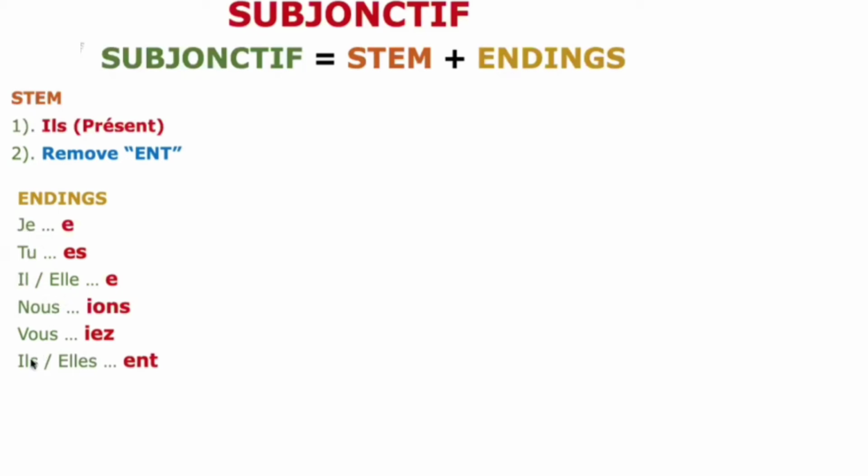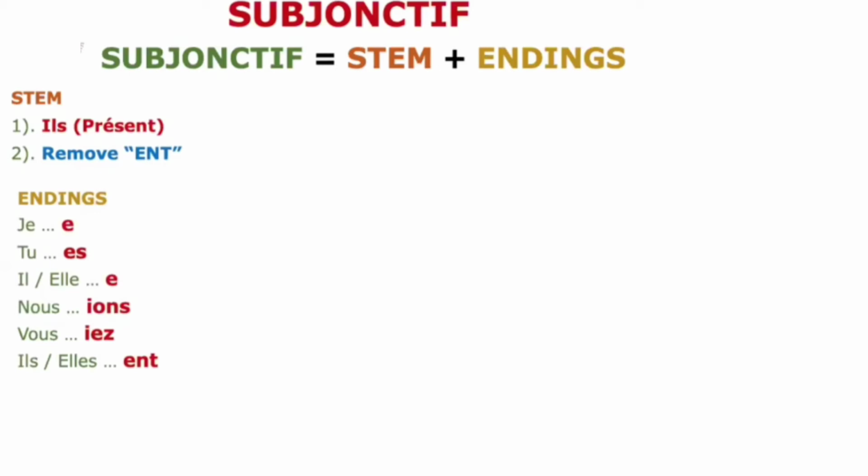Stem and ending are very important, because for the stem we get the spelling from the present tense ILS form and remove ENT there. And the remaining endings are very easy.